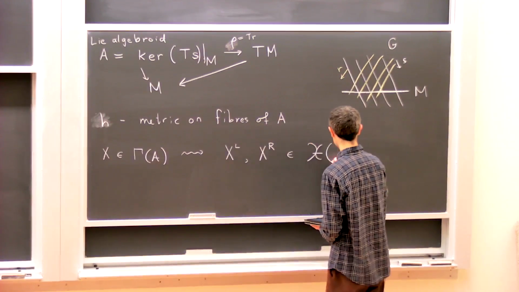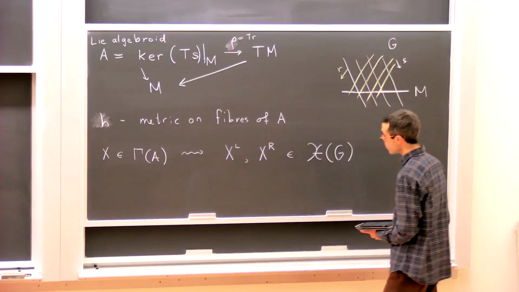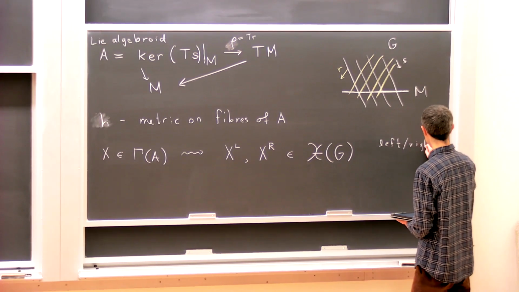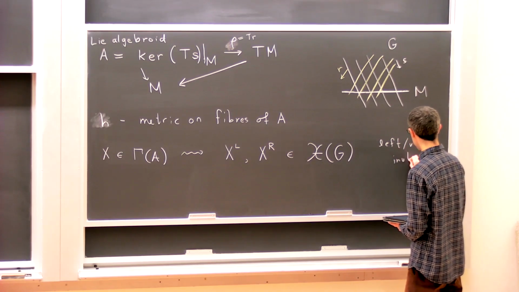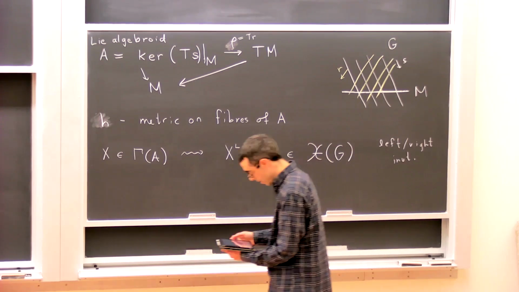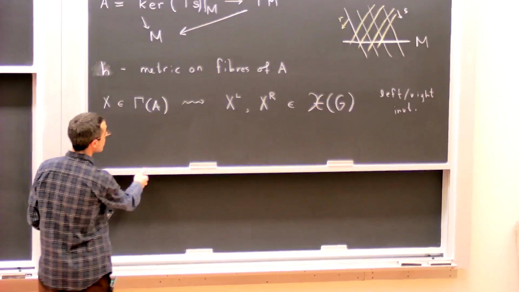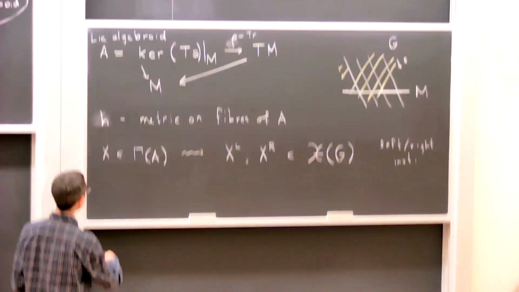These are vector fields on the total space of the Lie groupoid. I think that's most of my Lie groupoid notation.